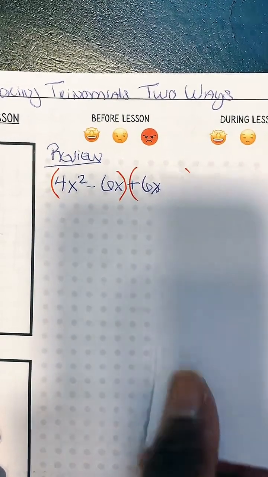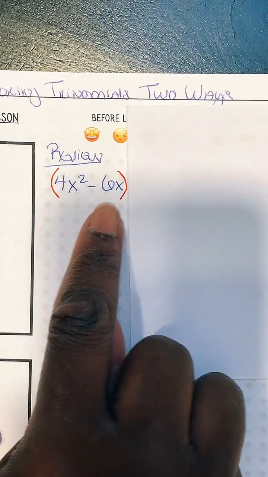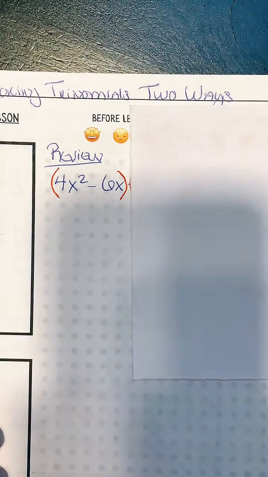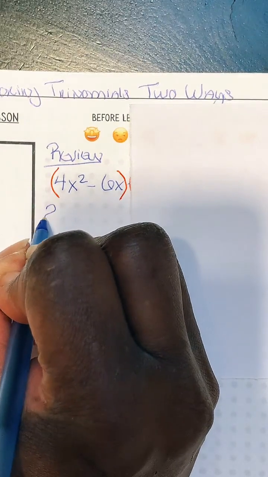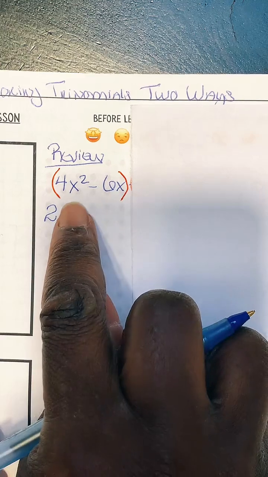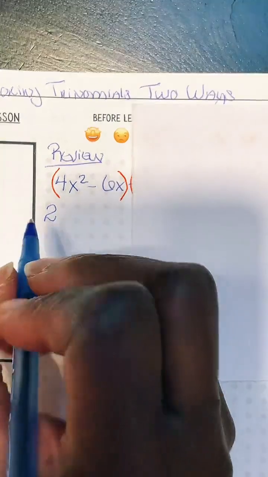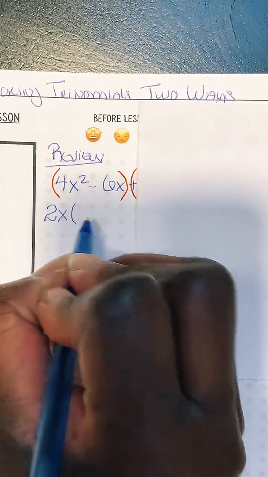When we take the GCF of each parenthesis, I am going to cover up the second part so we can focus on the first part. So 4x squared minus 6x. 4 and 6 have 2 in common. The 4x squared has 2 x's, the 6x has 1 x, so they both have at least 1 x in common.